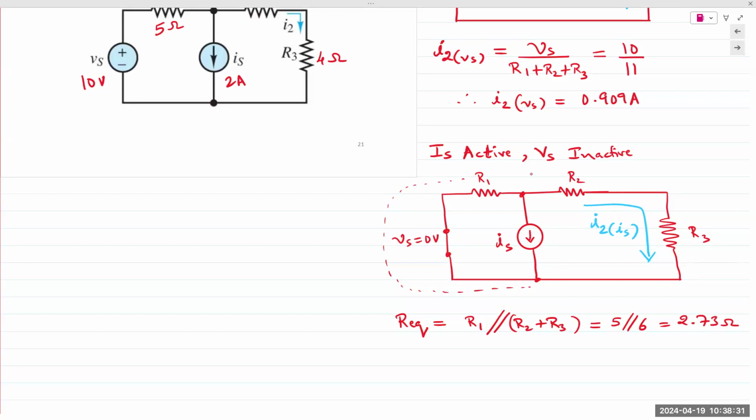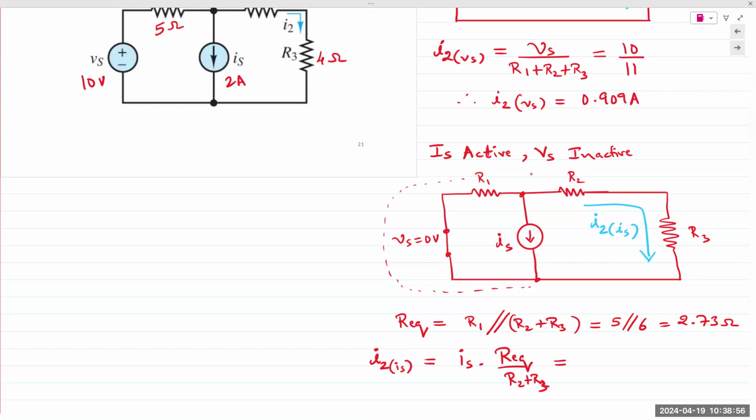Now current division, I2 due to IS can be given by IS times Req divided by R2 plus R3. That is the resistor we are interested in.